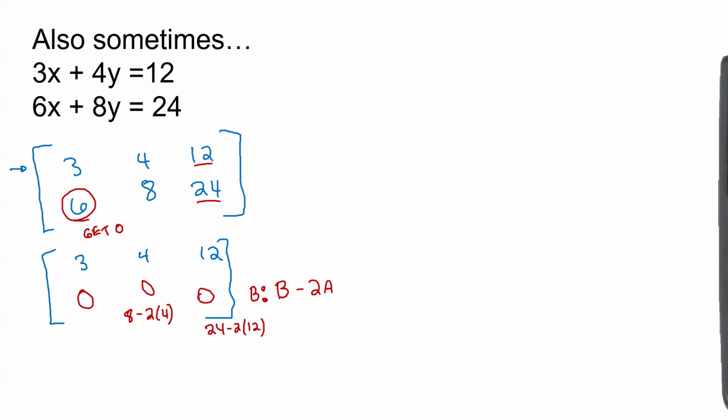That's 0. Hey, wait a minute. I don't ever want a 0 row, because that one says that 0x plus 0y equals 0. So 0 equals 0. That is true. But when you see that, you know that you're looking at infinite solutions because those are really the same line.